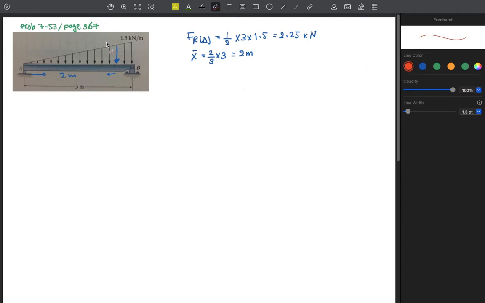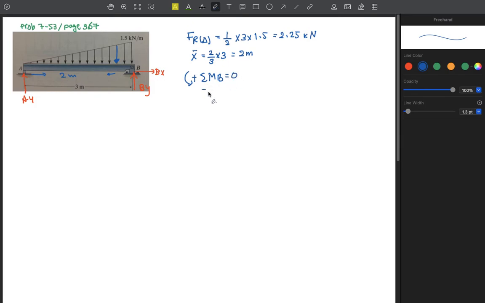Since we only have reactions in the y direction, Bx is definitely 0 because we don't have any forces in the x direction. So we have By and Ay. We take moments around any point, for example point B. Clockwise is positive, summation of moments around point B is 0.